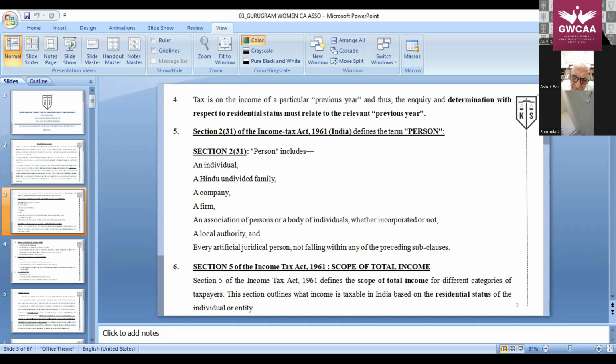So person doesn't include only individual. What does person include? Person includes an individual, a Hindu undivided family, a company, a firm, an association of persons or a body of individuals, a local authority, and every artificial juridical person not falling within any of the preceding sub-clauses.